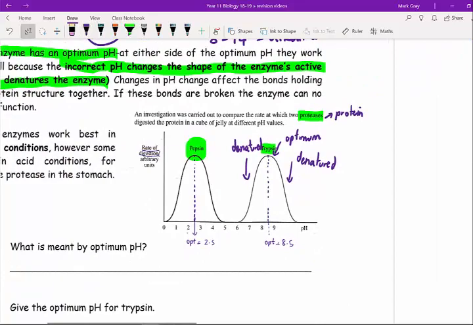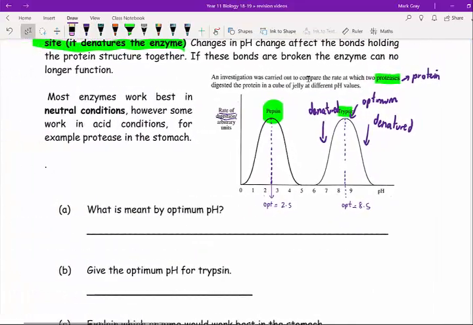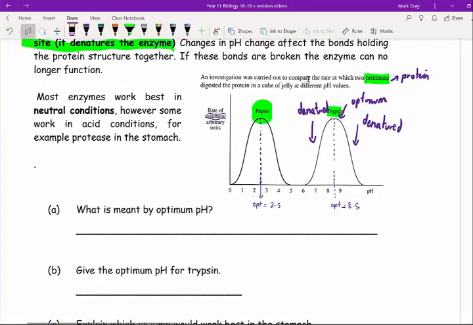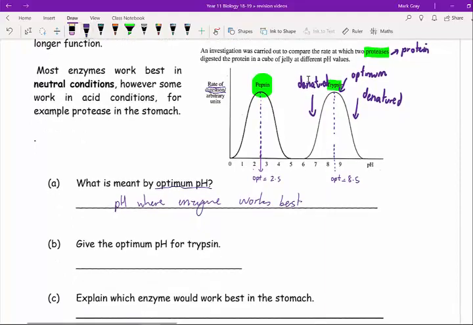So, what is meant by optimum pH? It is the pH where the enzyme works best. Give the optimum pH for trypsin: it is 8.5.